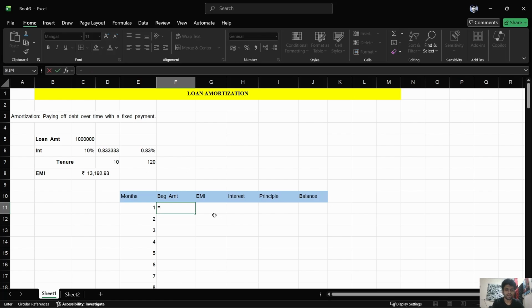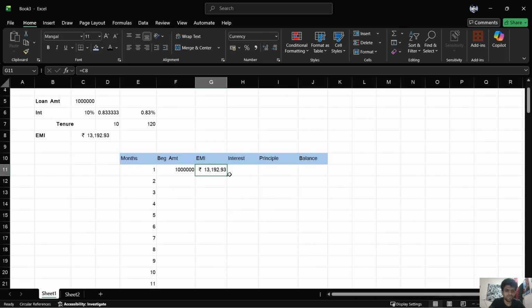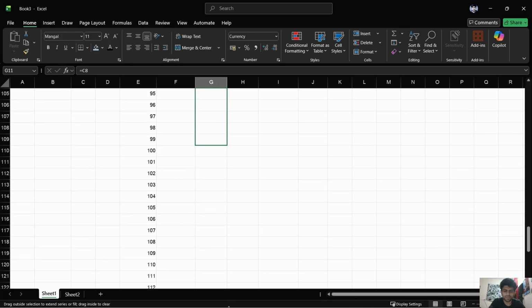Instead of writing it, we take it directly from here, and the EMI amount would be the one we have calculated here. The EMI for 120 months would be the same, so we'll be dragging it down similarly.